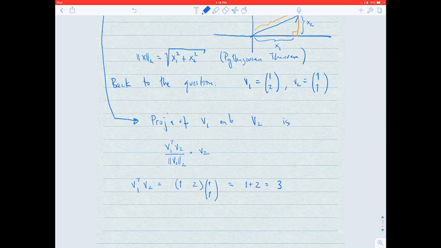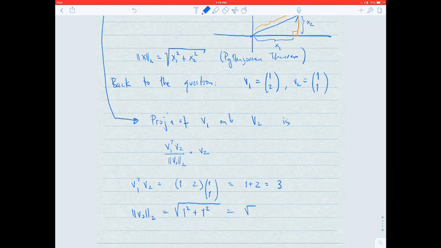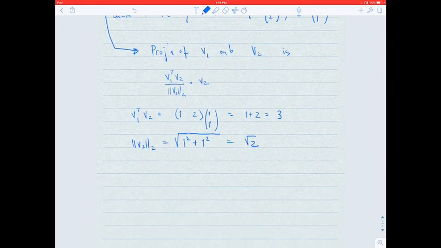That's the first part. The denominator is this quantity. Remember that this is now defined by the square root of 1 squared plus 1 squared, or the square root of 2, and therefore we have our answer.